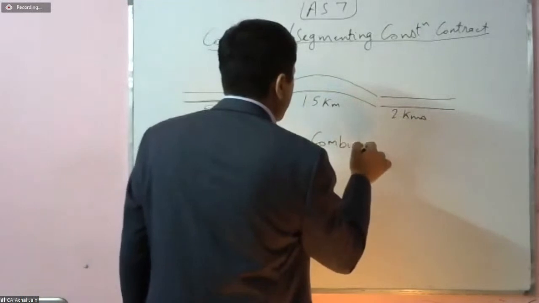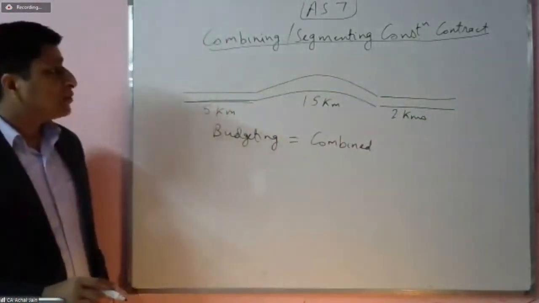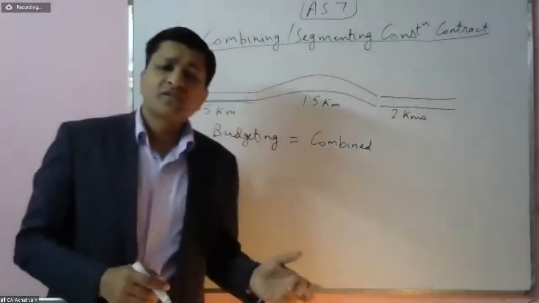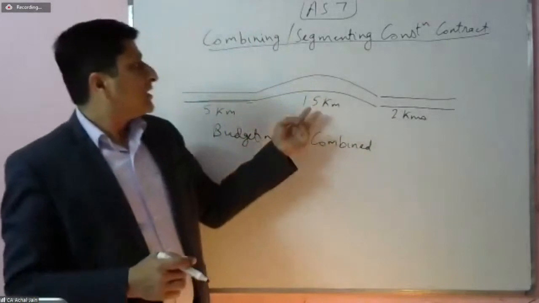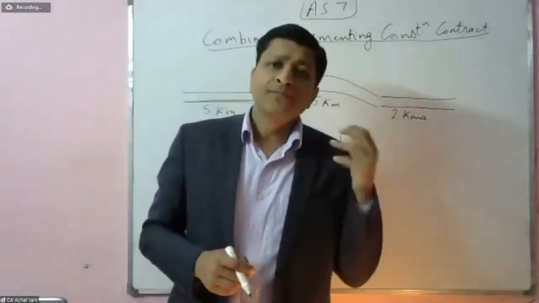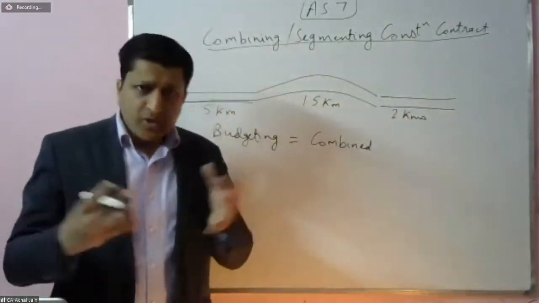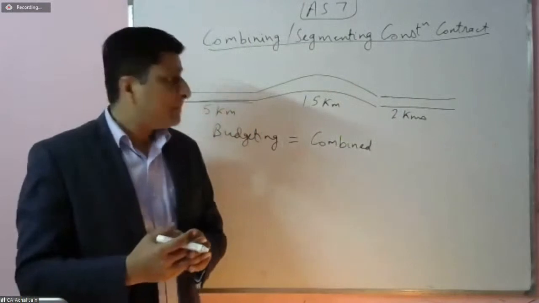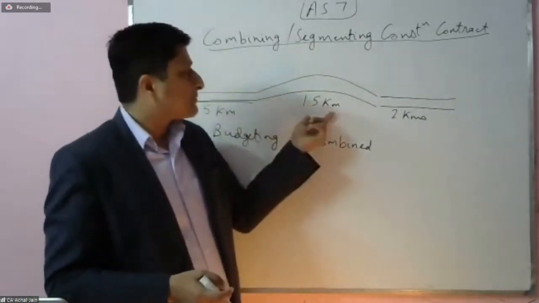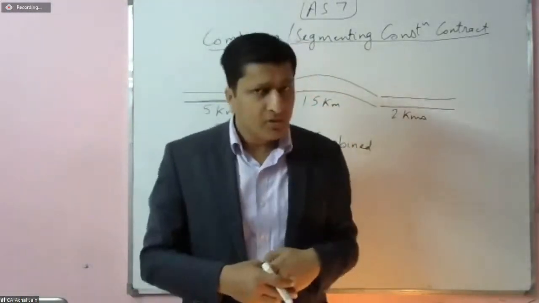Even though he has bid for this particular part, saying this will cost him rupees 5 crore, saying this will cost him rupees 3 crore, saying this will cost him rupees 3 crore. This total calculation has been done by him, and then some part has been allocated to each of these.